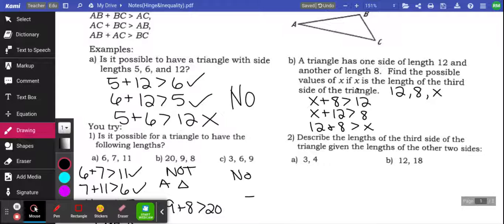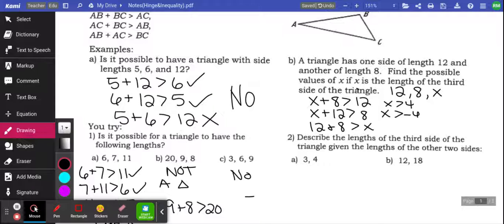Because we're looking for a range that x could be in. All the possibilities. Once you have these set up, you guys know how to solve inequalities? So imagine it was just an equal sign there. How could we solve for x? Well, we'd subtract 8 on both sides. So this becomes x is greater than 4. Does that make sense, or do I need to go over that a little bit more in depth? Okay. So what would the next one be? x is greater than what? -4. x is greater than -4.